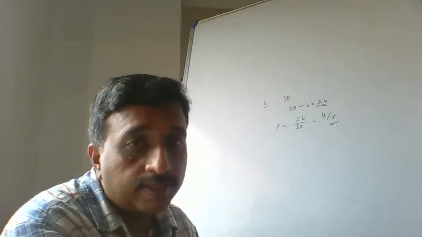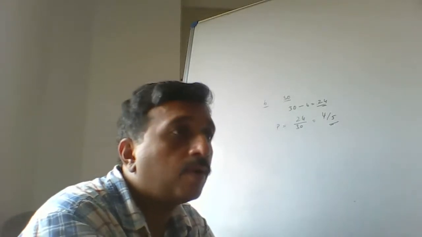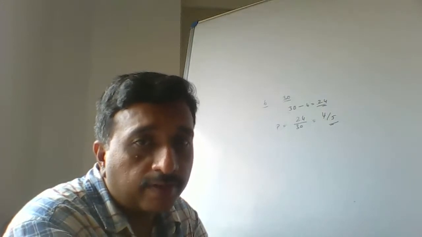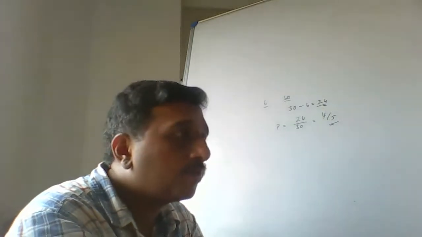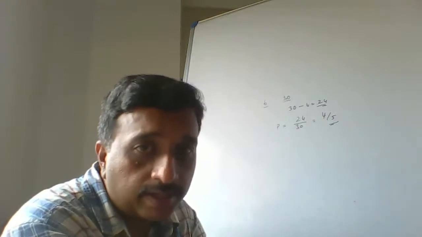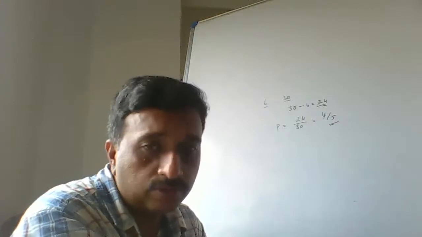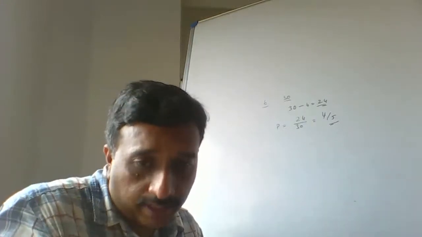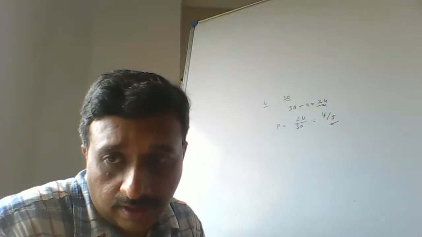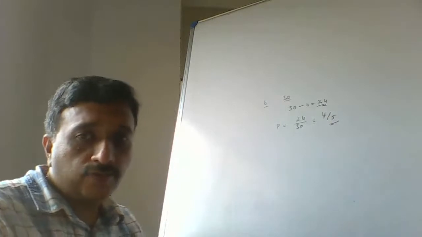So 6 is the number of times the batsman has hit a boundary. So 24 comes out of the total number of balls played by the batsman, which is 30. That is 30 minus 6, which is 24. So that's what I have answered for your 24.